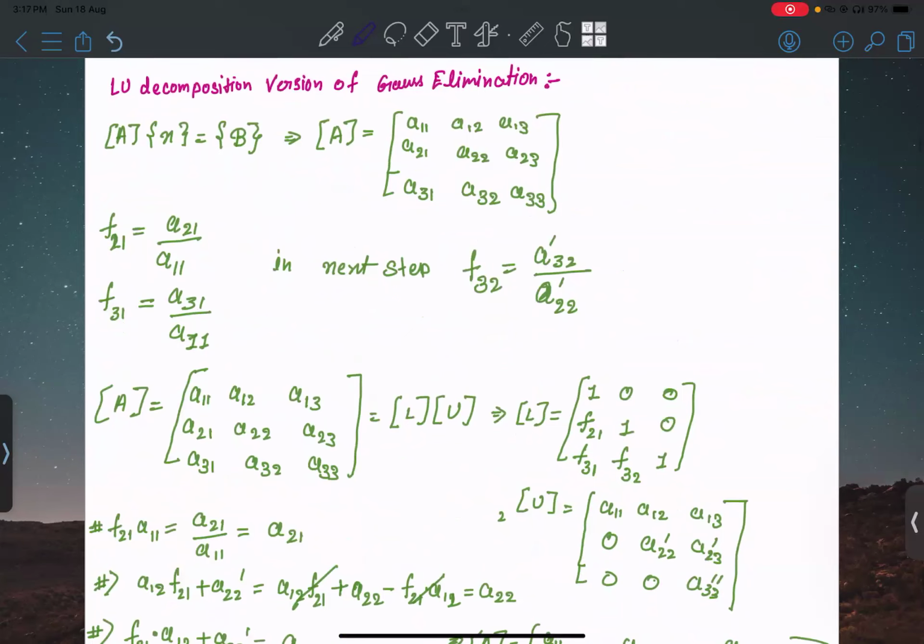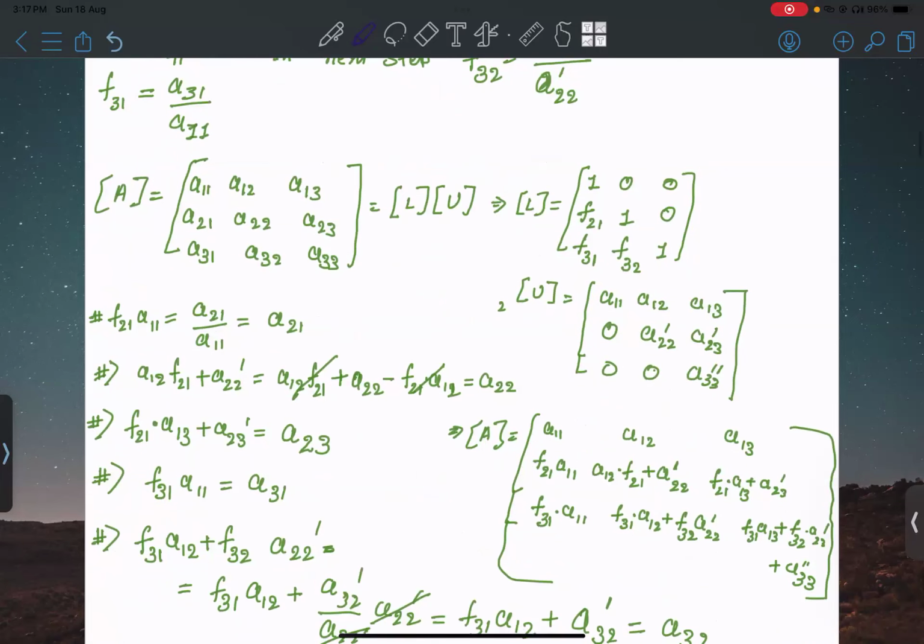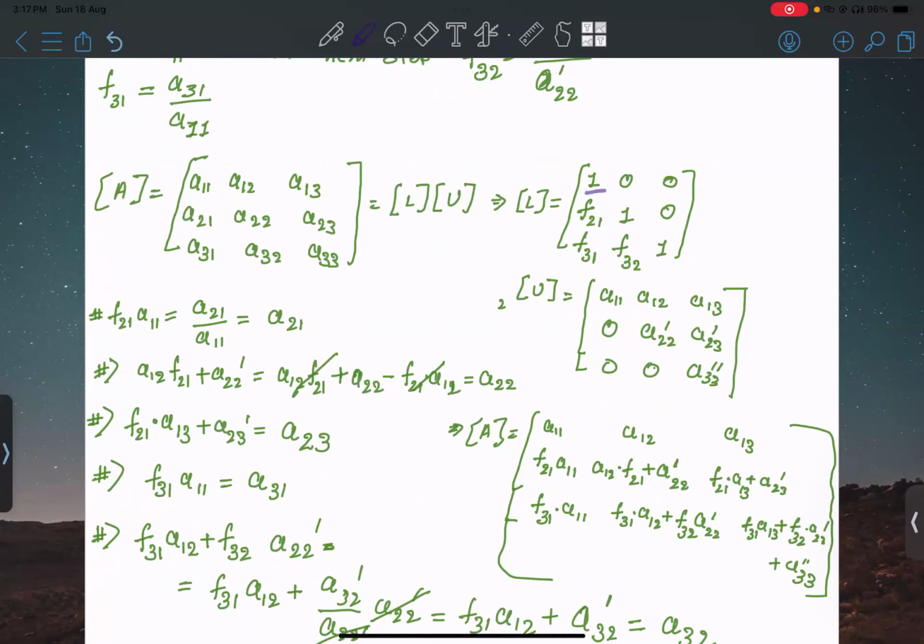So if I have an AX equals B type of problem, and I want to solve this using the LU decomposition method as a version of Gauss elimination, what will be my L? L will have 1, 1, 1 on the diagonal, and these are the factors that we use to multiply.